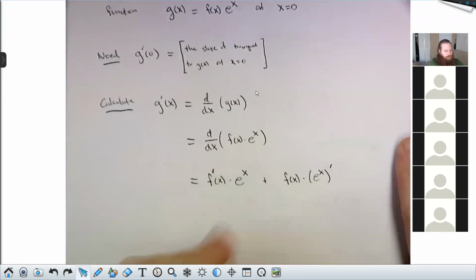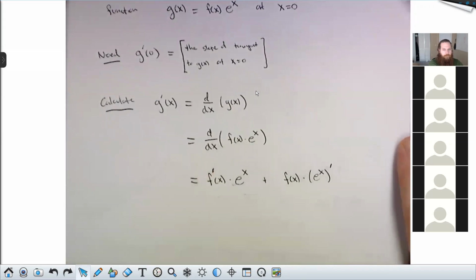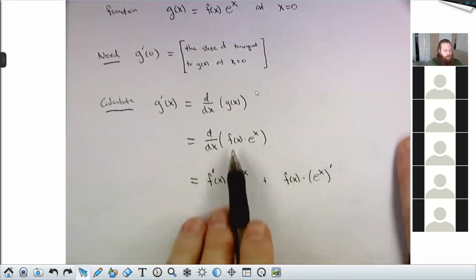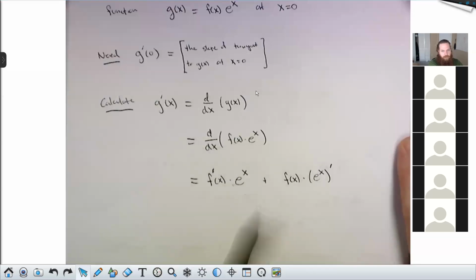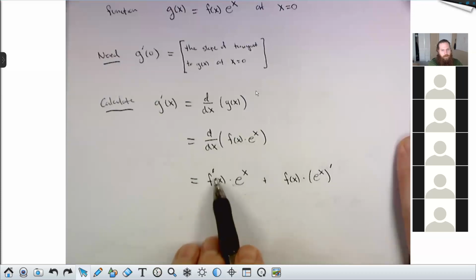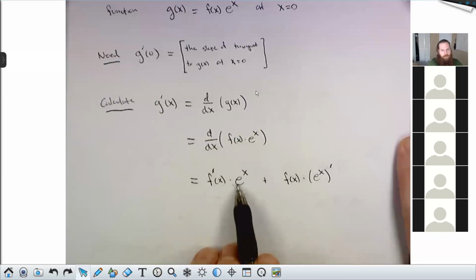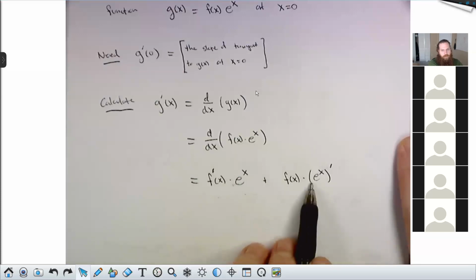Does everybody recognize how this is the product rule output from this? It's like f times g. I'm differentiating f times g. It's just the labels are weird. So if I want to differentiate this product of two functions, first I differentiate the first function, leave the second function alone, and then I add that to what I get when I leave the first function alone and differentiate the second function.